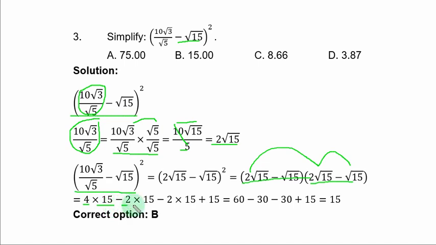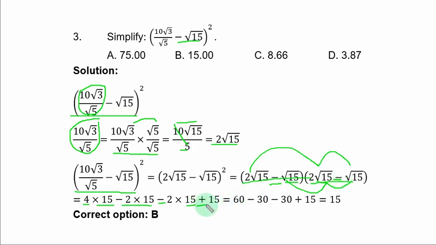That is minus 2 times 15. Then you use the second term to multiply the first term and second term. That is, you have minus first, 2 times 1 there is 2, root 15, this root 15 times root 15, you have 15. Then the second term against second term, minus times minus is plus.